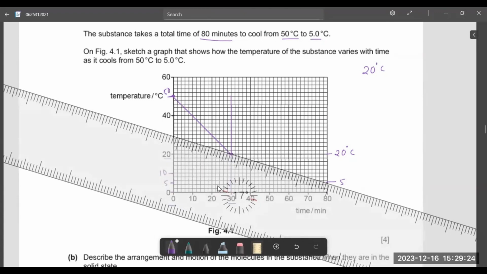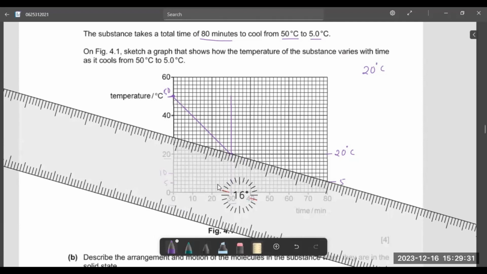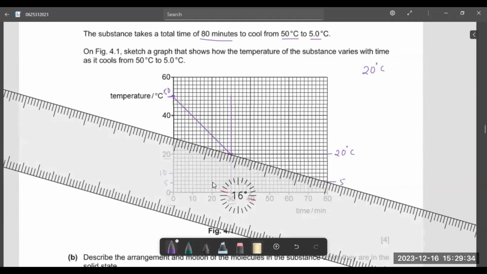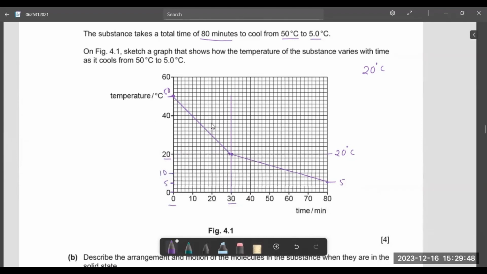So approximately here it will come. So this is the point. So we can plot the graph like this. When it is 0 it is 50, after 30 minutes it was 20, when it is 80 it was 5 degrees Celsius.